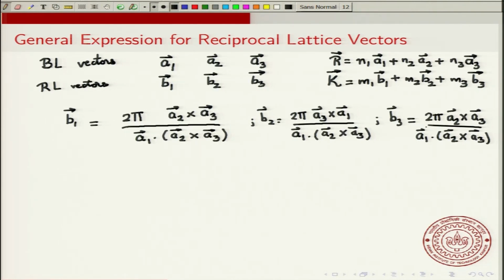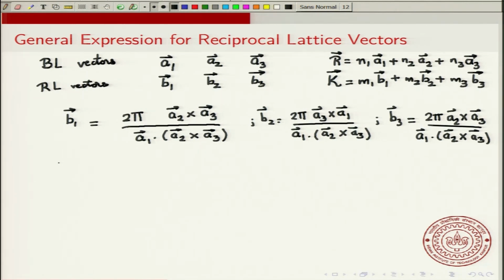So, that is B1, B2 and B3. This is the general expression and you can use this for any Bravais lattice.